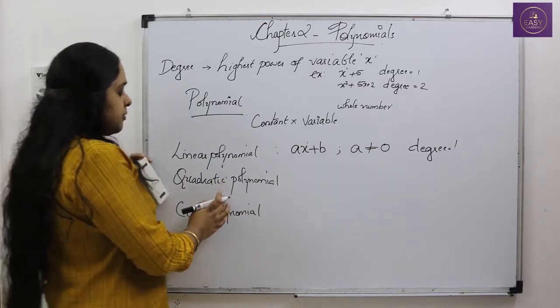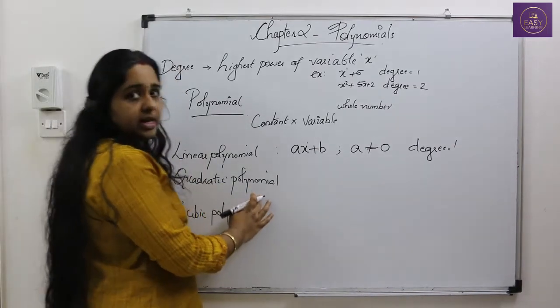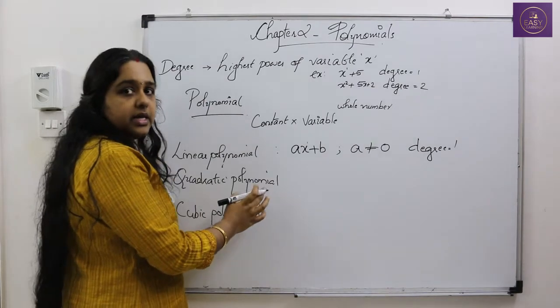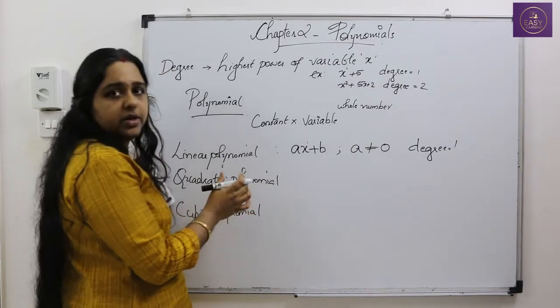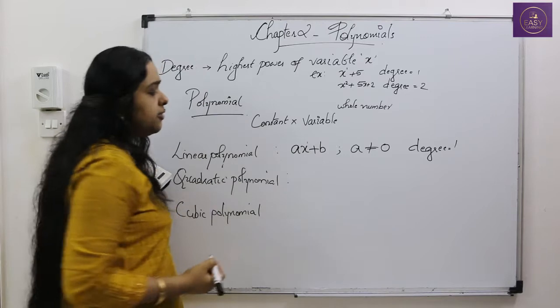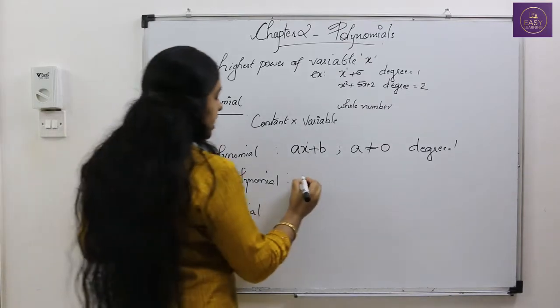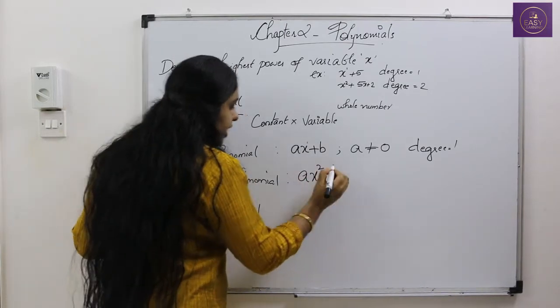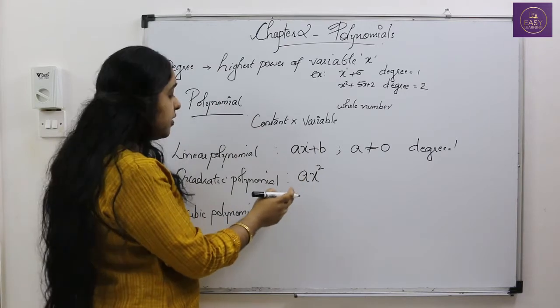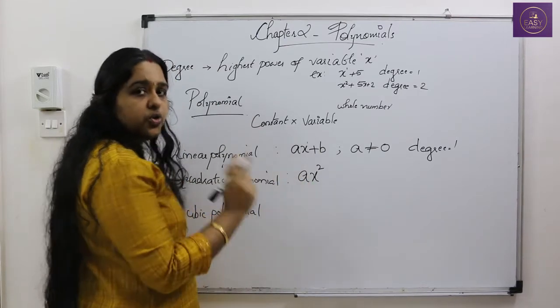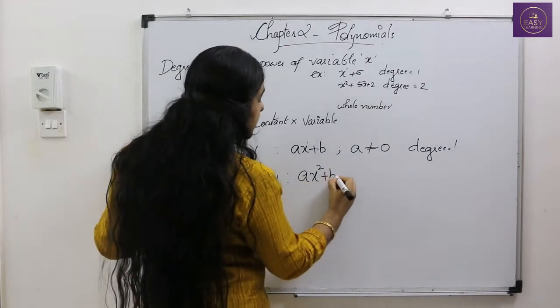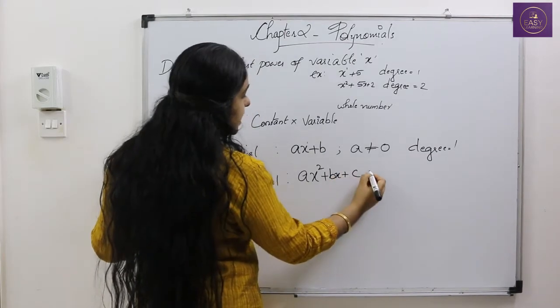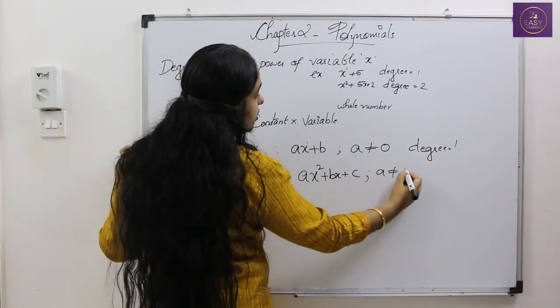Now, next type of polynomials are quadratic polynomial. The degree of quadratic polynomials is 2. So, what will be the general form of quadratic polynomial? It is ax square. Highest power of x must be 2. So, ax square plus bx plus c, where a not equal to 0.